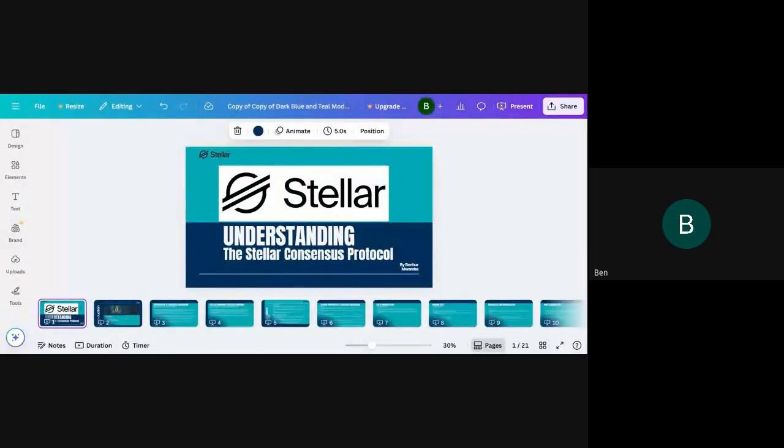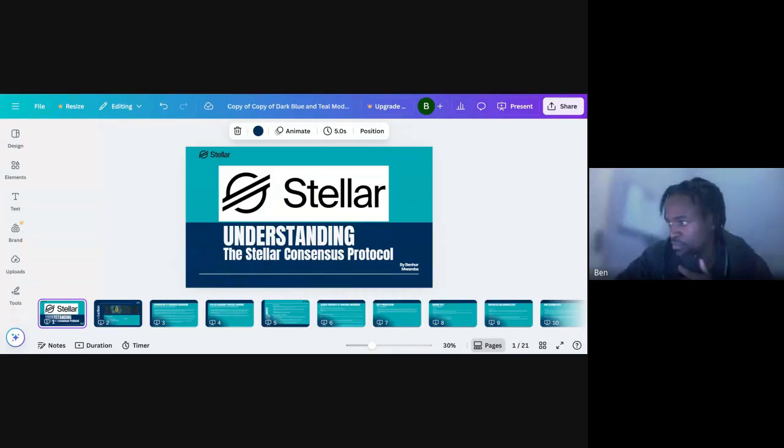Alrighty, so we're moving on to a new topic: understanding the Stellar Consensus Protocol.